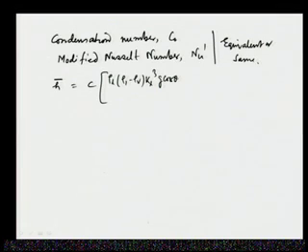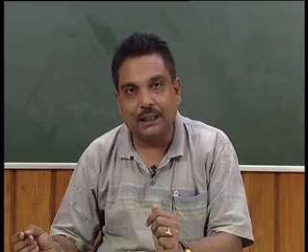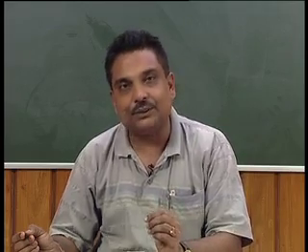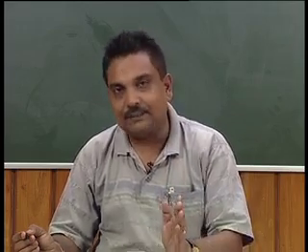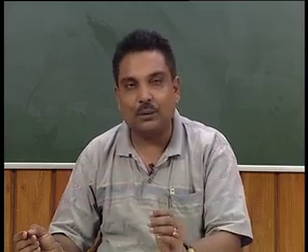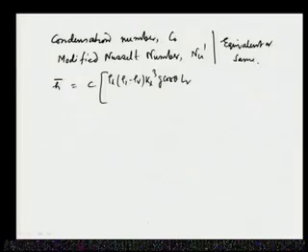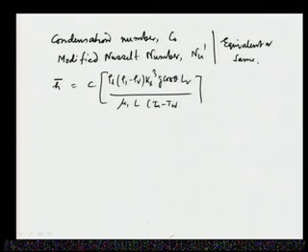So, theta could be 90 degrees, theta could be 0 degrees, and theta could be any theta. When theta is equal to 0 degrees, then it is a vertical plate, and if it is 90 degrees, then some other correlations have to be used for a horizontal plate, and then L V, divided by mu L into L into T infinity minus T W whole to the power 1 by 4. So, some kind of rearrangement is needed.